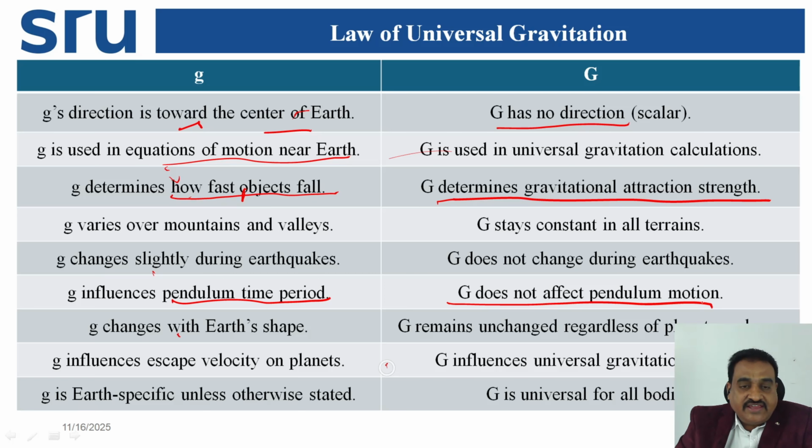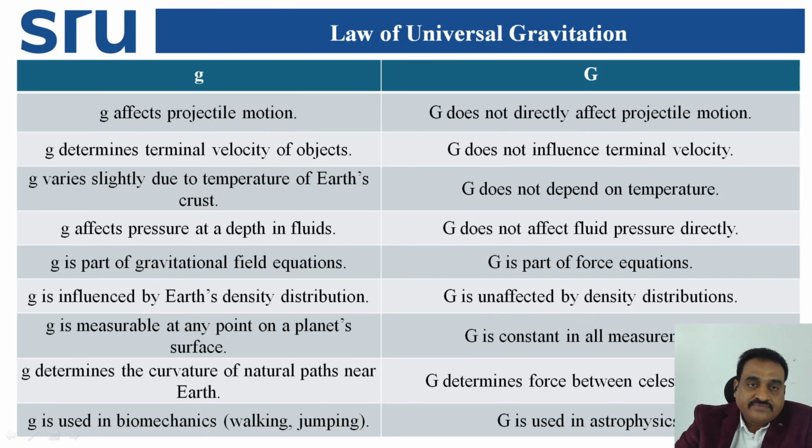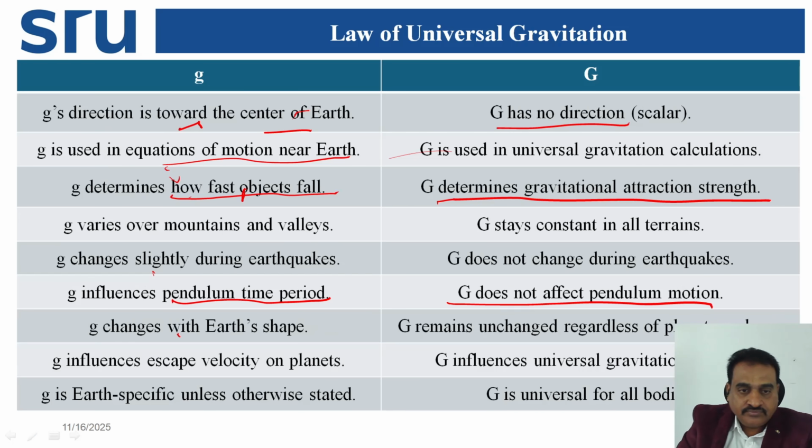Small g influences escape velocity on a planet. Small g is Earth specific unless otherwise stated, but capital G is always constant. What I am saying here is that the acceleration due to gravity influences escape velocity on planets.